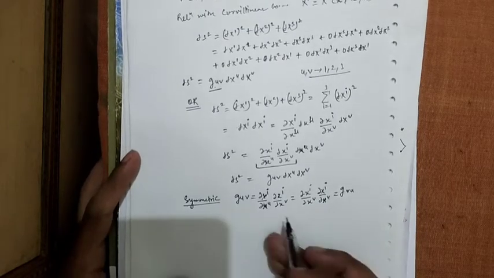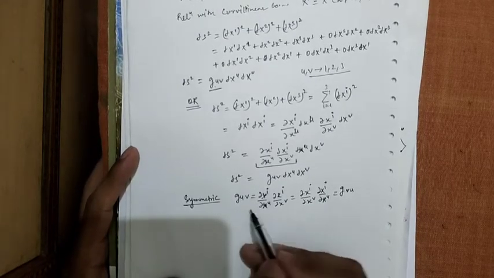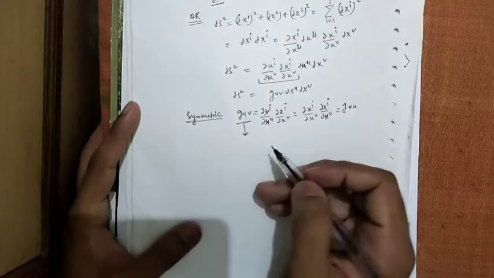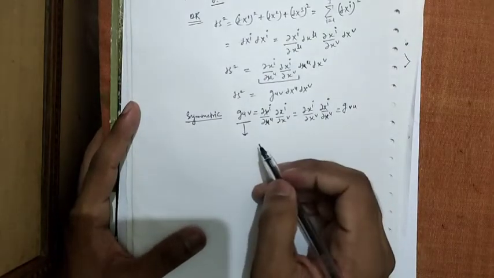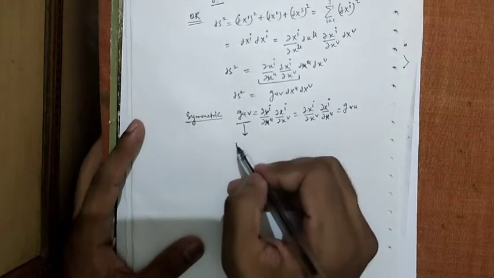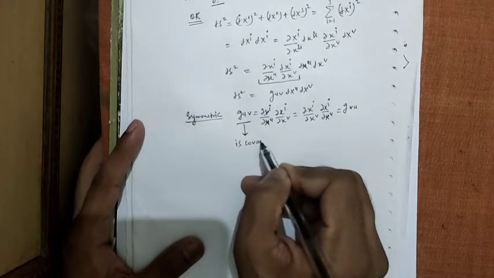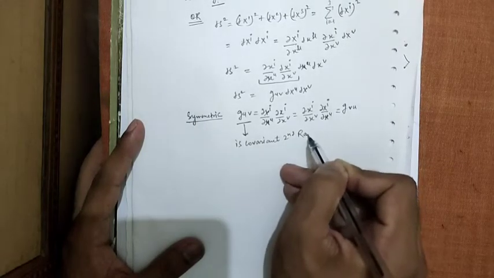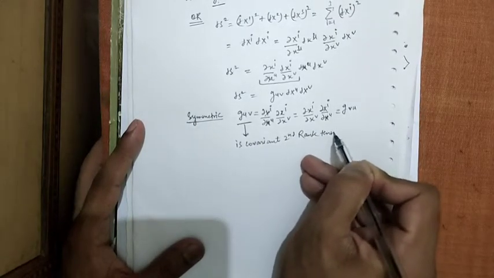Now we will show, by the quotient law, that this g_uv is a covariant second rank tensor.